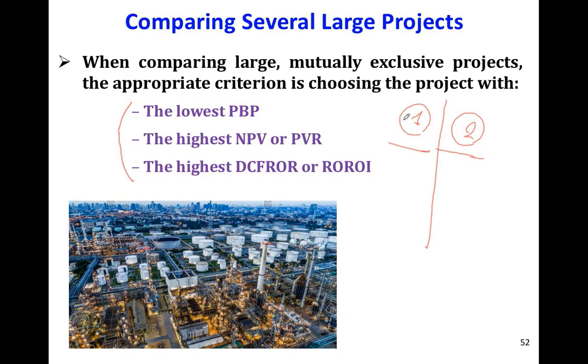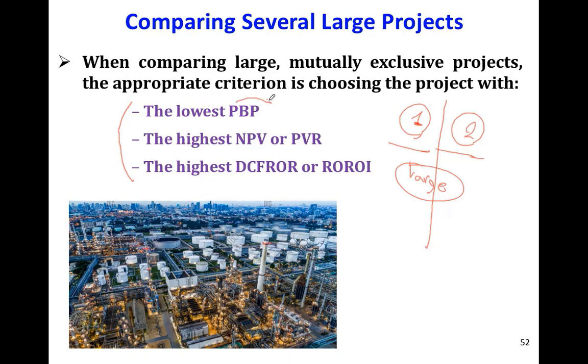You remember from FCIL that projects that are independent don't have anything to do with each other; if we change one project, it doesn't affect the other one. If you have two mutually exclusive large projects and we want to compare them together, these are the criteria that we will use to compare them.